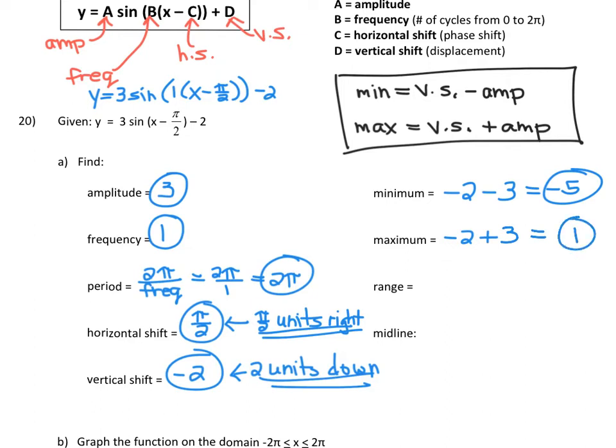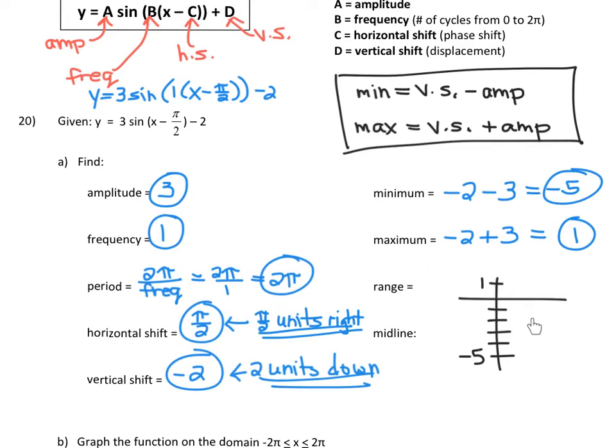So if we were to graph this, let's say here's 1 and here's -5, our graph would fluctuate between a height of +1 and -5. So it'll go up and down between -5 and +1 because our graph is shifted 2 units down.